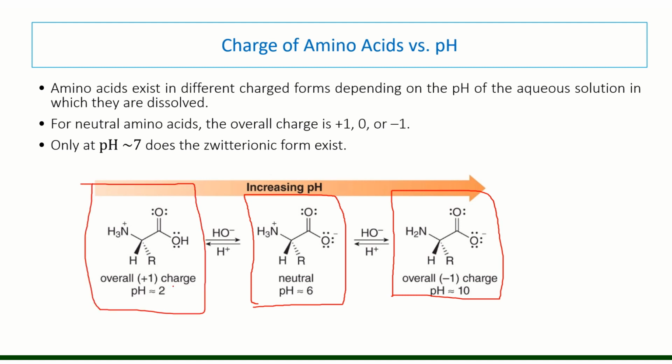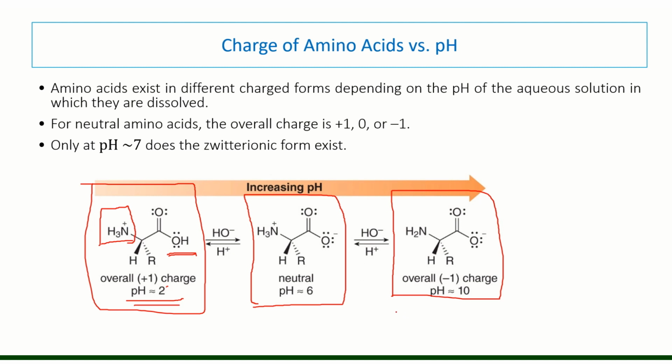On the low pH conditions, you can see that protonation of the carboxylate will occur, and also protonation of the amine will be preserved. So now you have an ammonium species and you have your carboxylic acid.